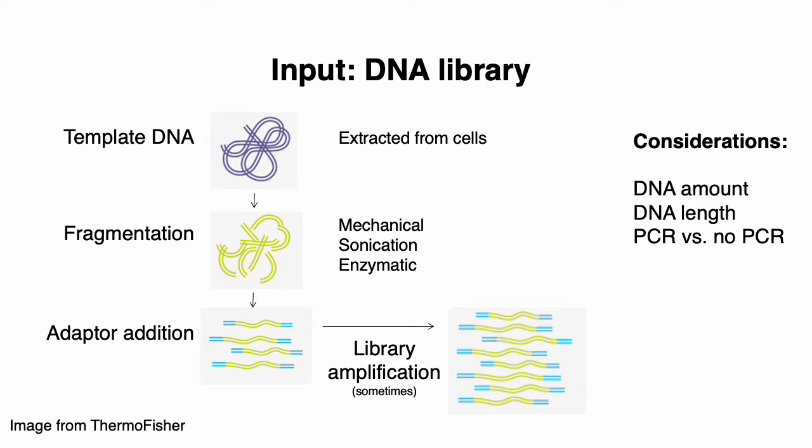And the final consideration is the amount of DNA you have. Certain technologies like Illumina might need a higher number of reads to represent any given fragment in order for you to reliably sequence that fragment. Whereas other technologies based on single molecule sequencing traditionally need less input DNA material.